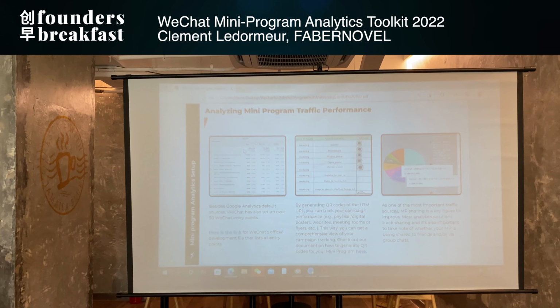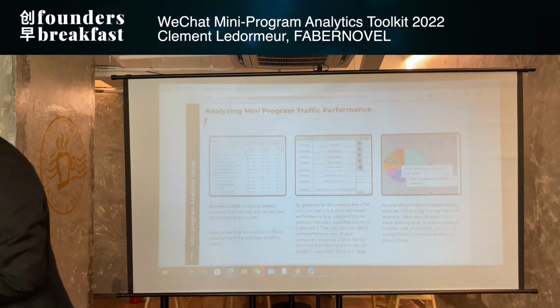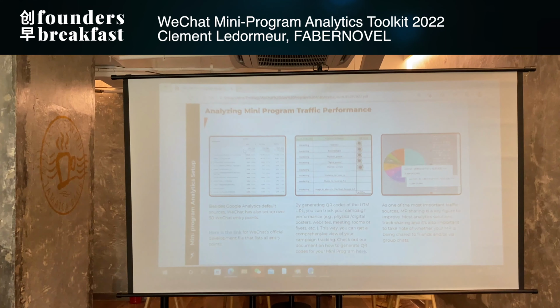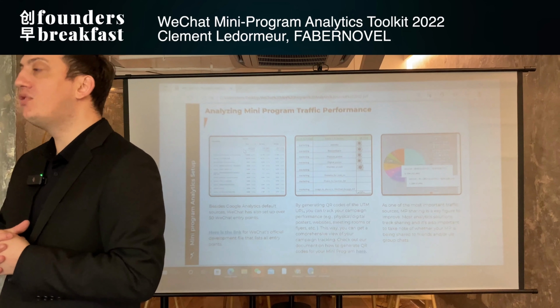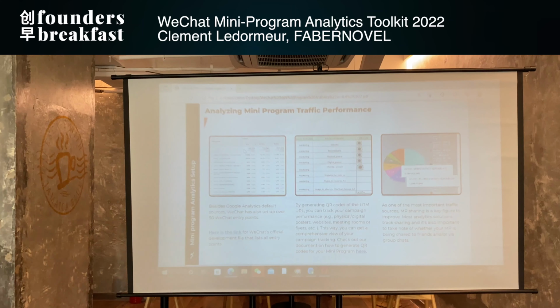For example, a KOL will promise you, I will bring you 100,000 users on your mini program. This is unlikely true. It's very possible that the KOL brings 256 people on this mini program. This is why it's interesting to optimize your performance and to track every aspect, every post, everything that you can see will be identified here.